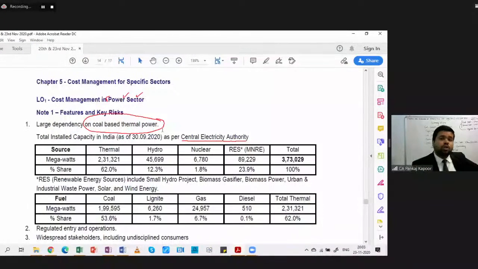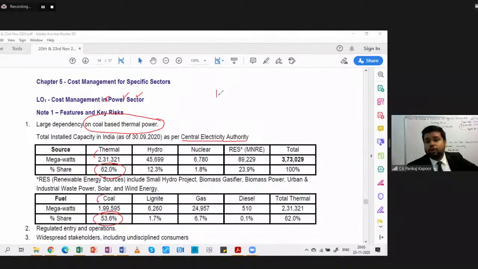The Central Electricity Authority says that 62% of our power is still produced in India with the help of thermal power plants, and of that 62%, 53% is based upon coal.